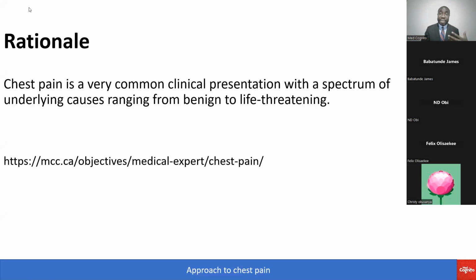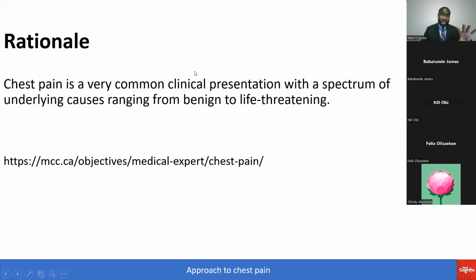As soon as you see the words benign and life-threatening, what should come into your mind is that if I'm presented with a case in the exam about chest pain, I need to be careful so that I don't confuse a life-threatening case for a benign case.